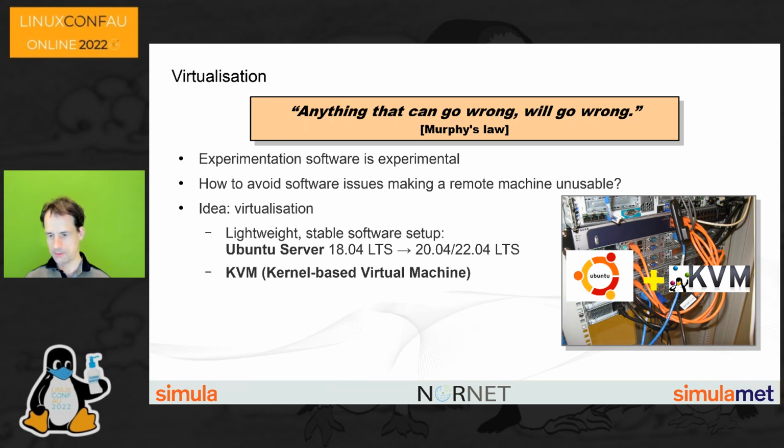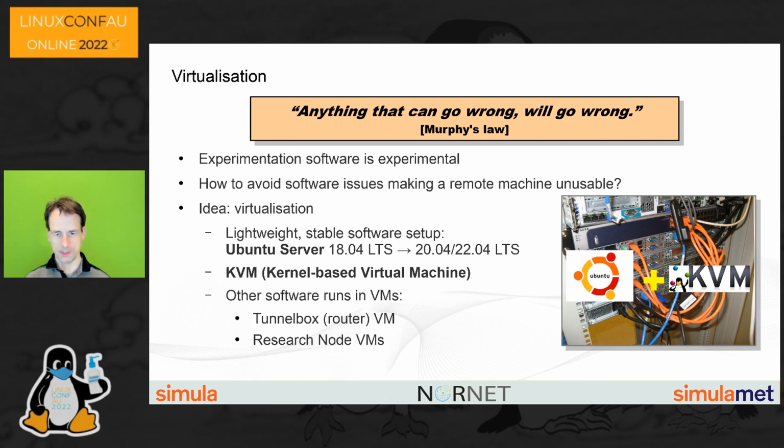And everything else goes into kernel-based virtual machines, KVM. That is, particularly the routing software goes into a dedicated virtual machine exclusively running on one of the servers, and all research software goes into virtual machines on the other machines.